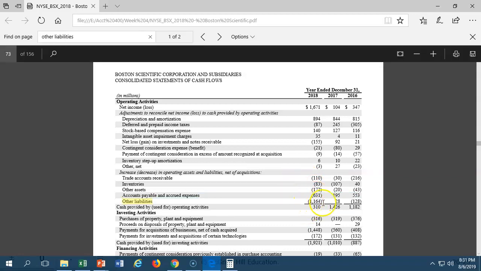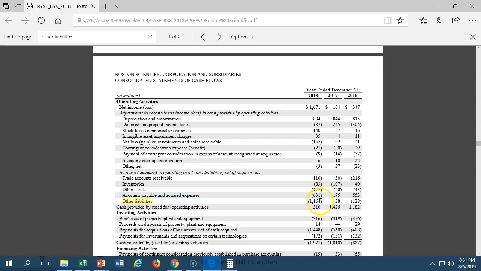I think the main thing is this other liability. Something went on here with that other liability, where you're having to subtract out 1.1 billion from the net income as a cash outflow. If I'm reviewing this cash flow, I would be like, got sued or something?